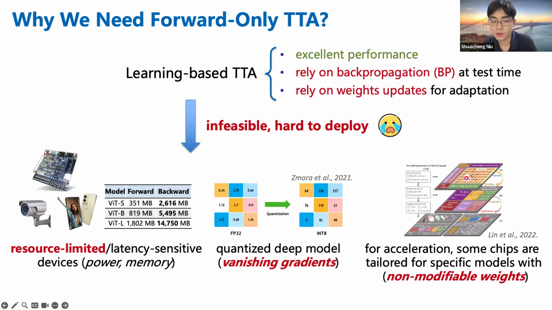But on these quantized models, backward propagation results in vanishing gradients, making existing TTA methods infeasible. And lastly, it is also for computational acceleration. Some GPU chips are tailored for specific models, and these model weights are non-modifiable once the model is deployed. All these natures make learning-based TTA methods infeasible for many real-world deployment scenarios.